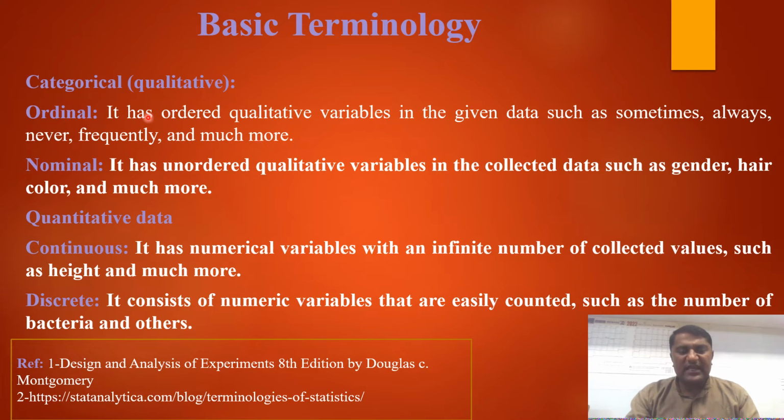It means that pain, severe, less, or mild pain is called ordinal. And nominal: when you give the name of the variable, like weight, or you are giving the color or something, if you put the name of the variable, then it is called the nominal variable.